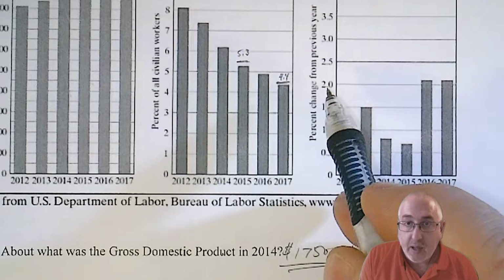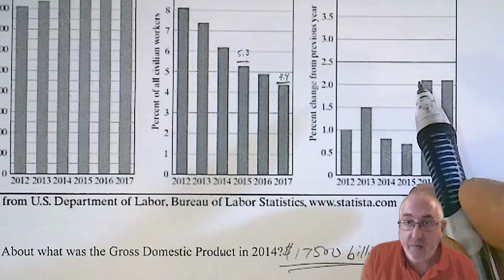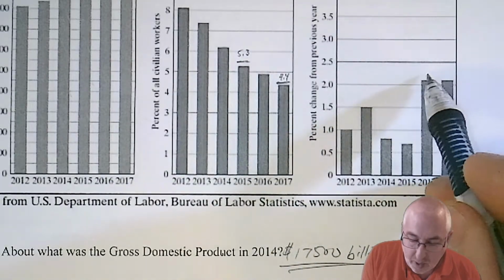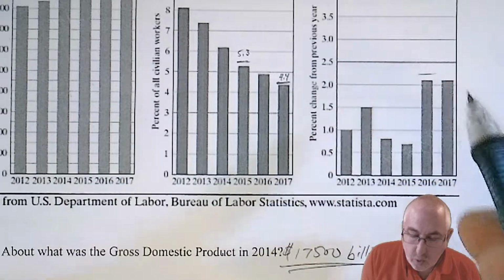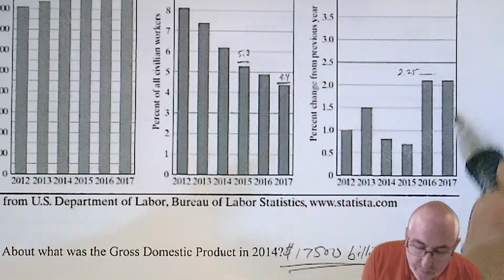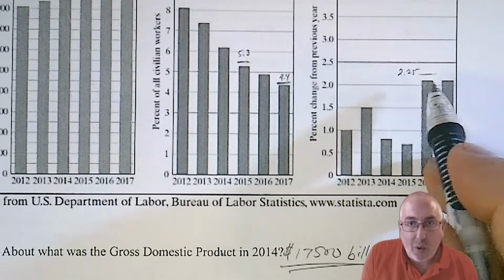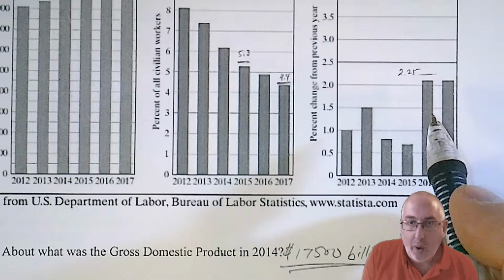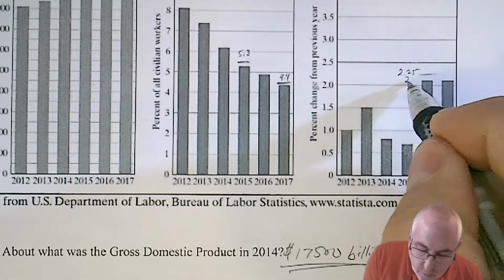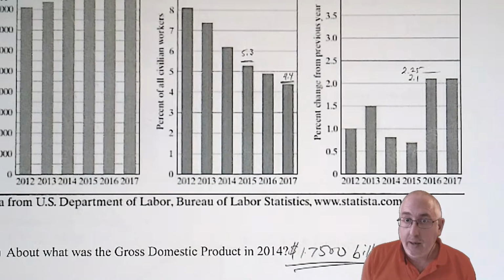Now this one starts at 2.0 and it goes to 2.5. Now, the halfway point would be about 2.25, but it's quite a bit lower than that. So I would almost say that looks like 2.1. 2.1%.